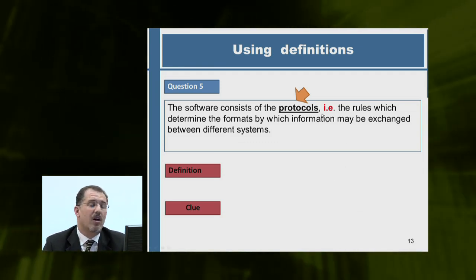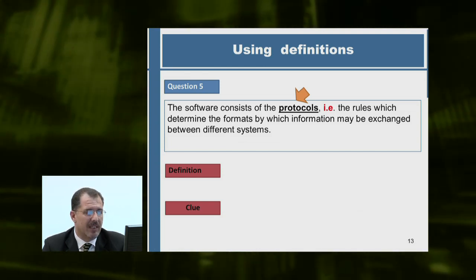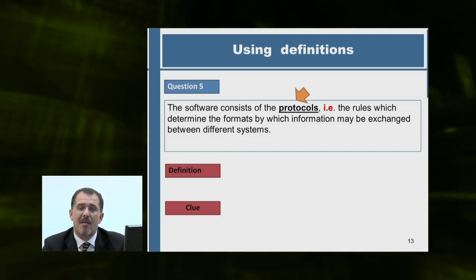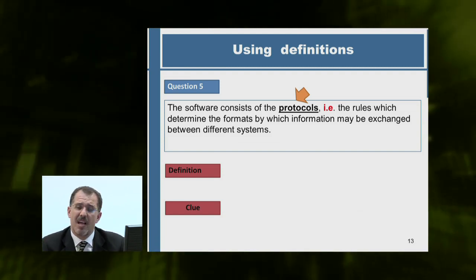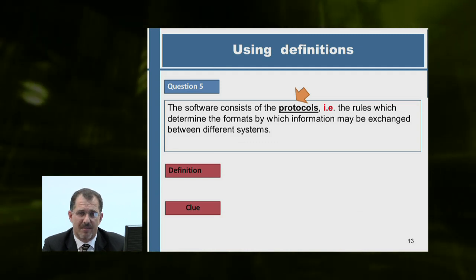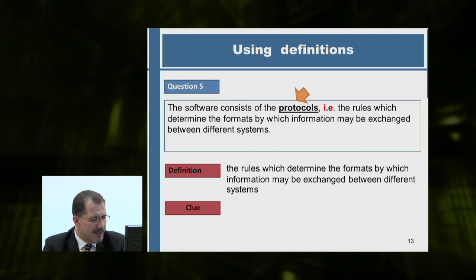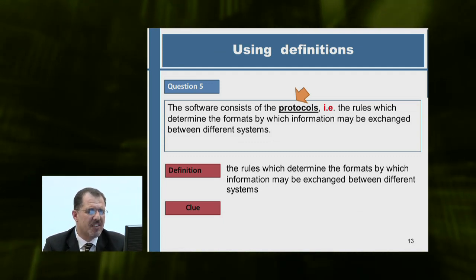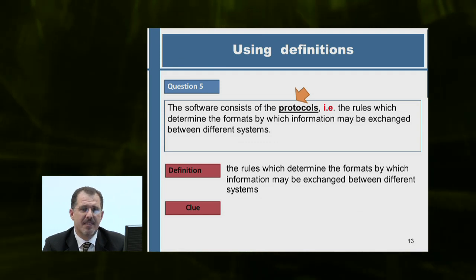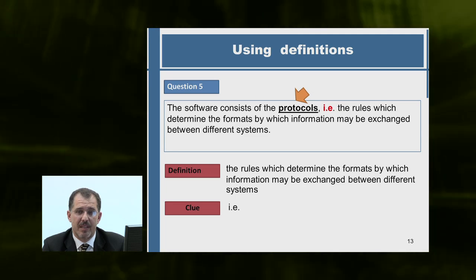When I have this term, it means I'm introducing the definition. What comes after this is the definition. So, what is the definition here? The rules which determine the formats by which information may be exchanged between different systems. And what is the clue here? "That is to say." Now, question number 6.